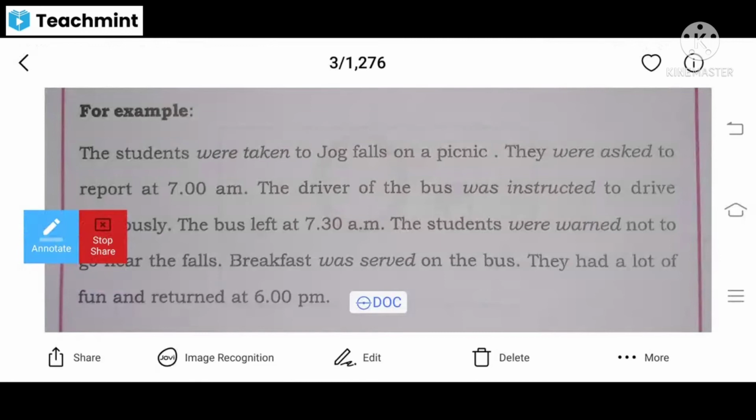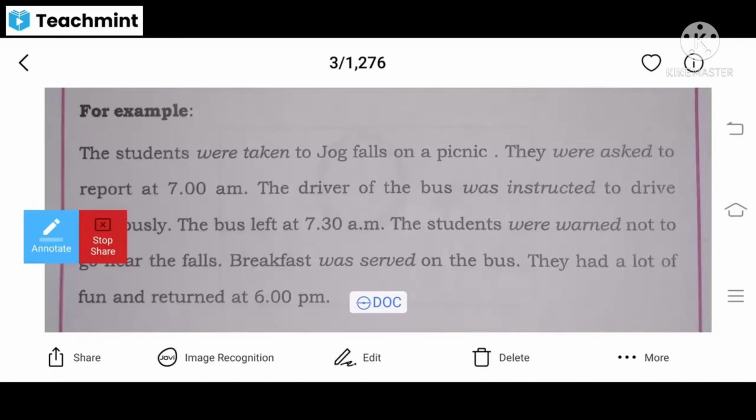The driver of the bus was instructed to drive slowly or cautiously. Here the driver is the subject, therefore we are using was instructed. Next sentence, the bus left at 7:30 a.m. The students were warned not to go near the falls.